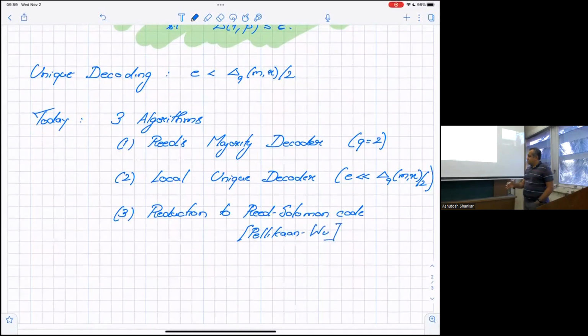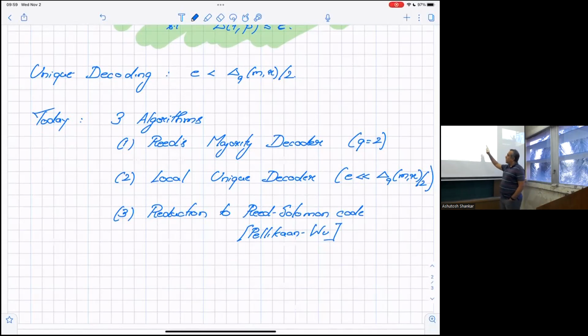And the reduction will be such a clean reduction that in one shot it will solve the unique decoding. Anything that Reed-Solomon has, it will just inherit all the corresponding decoding. So if Reed-Solomon has a unique decoder, it will inherit the unique decoder. If Reed-Solomon has a list decoder, it will inherit the list decoder. So in some sense, 3 will completely solve the problem for us.